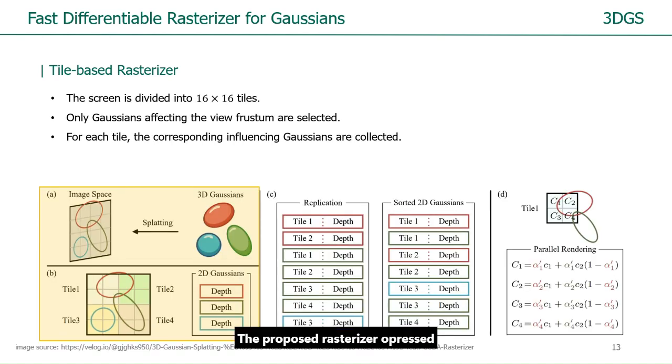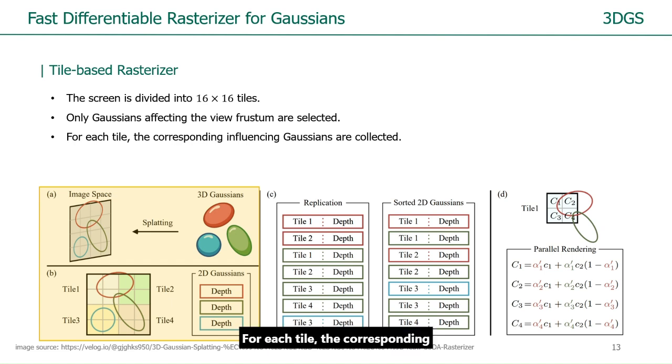The proposed rasterizer operates through the following process. First, the screen is divided into 16 × 16 tiles. Next, only the Gaussians that affect the view frustum are selected. More specifically, only Gaussians whose 99% confidence intervals intersect with the view frustum are considered.